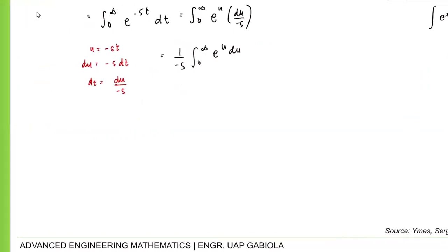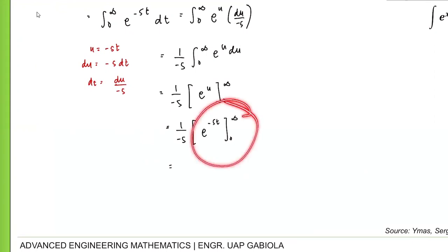Okay? So this is equals to 1 over negative s, then this will be e^u evaluated from 0 to infinity. Okay? So substitute lang natin pabalik yung u natin. So that is e negative st, 0 to infinity, and then evaluate lang natin yung definite integral natin.